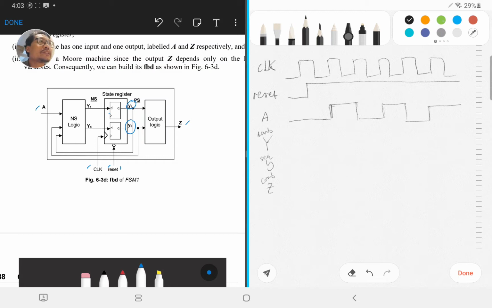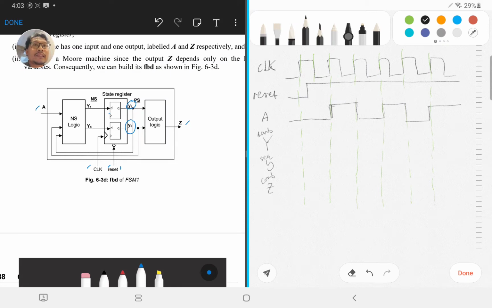The register works on the positive edge of the clock, so just identify where the positive edge of the clock is. Remember that our small y will change value only on the positive edge of the clock, and the big Y and Z do not depend on the clock.